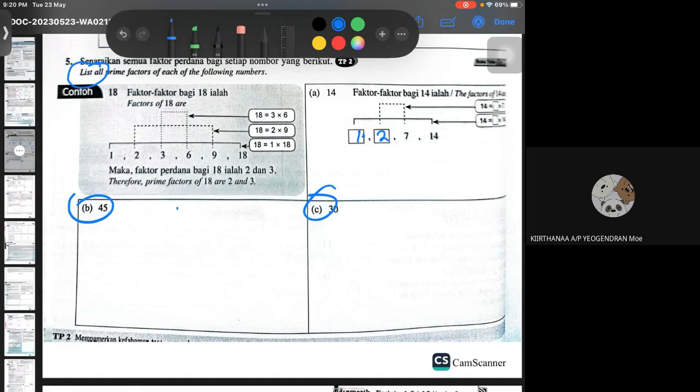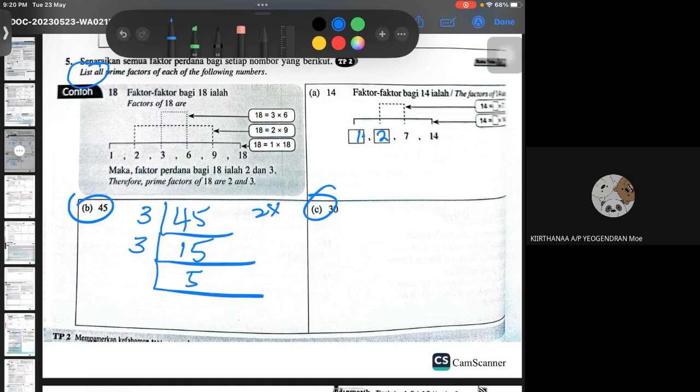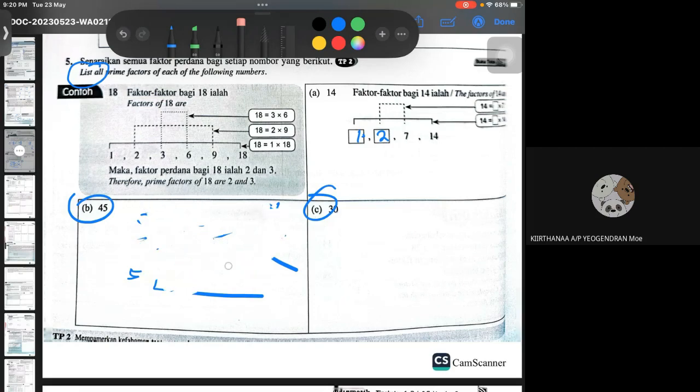Okay, so long division is like this. We start with 3 because 2 cannot divide it. So we start with 3, 15, and then 3 again, 5. This method cannot be used for this type of question because they are asking you to list out all the factors for the number 45.